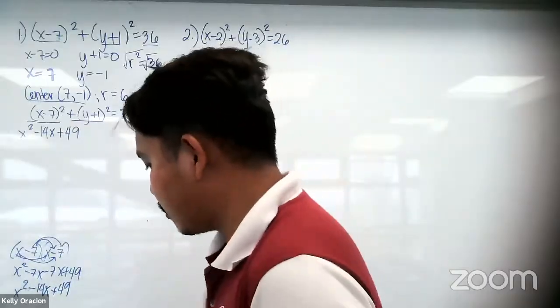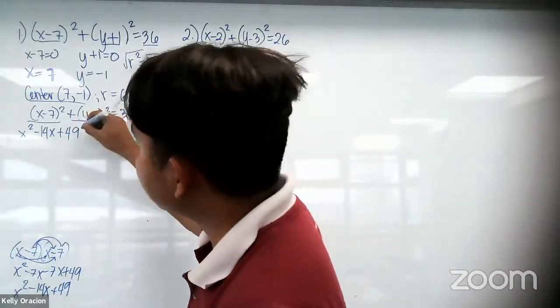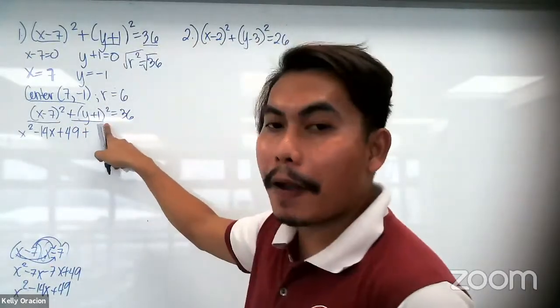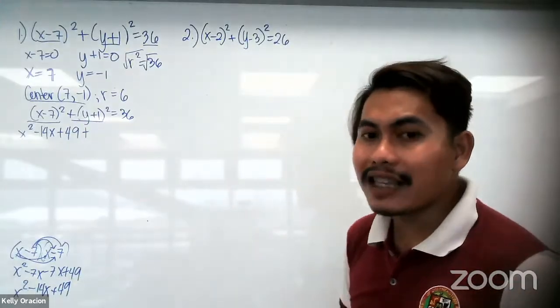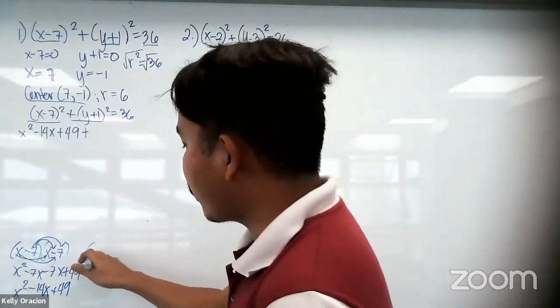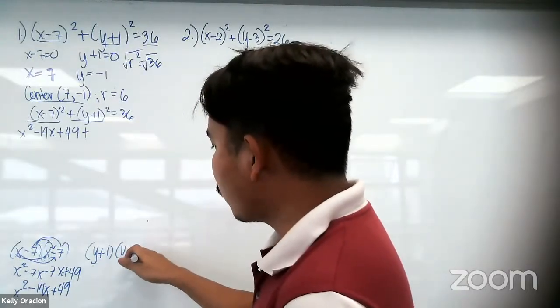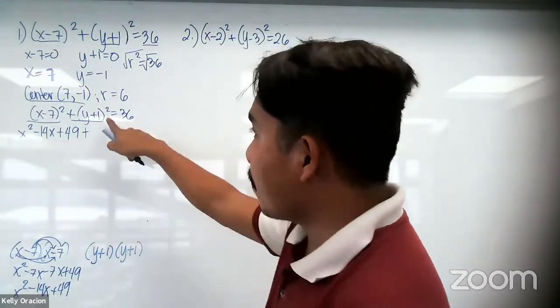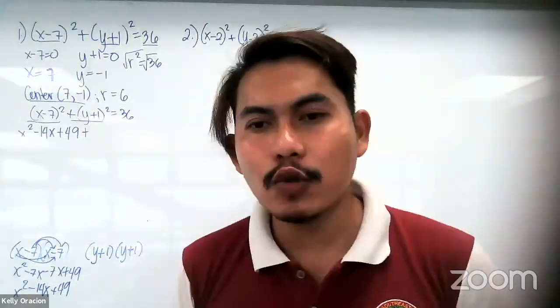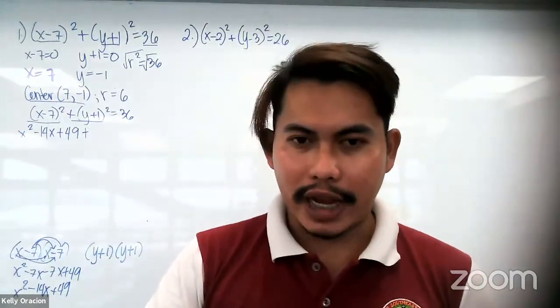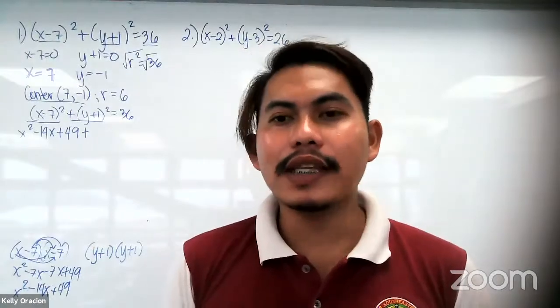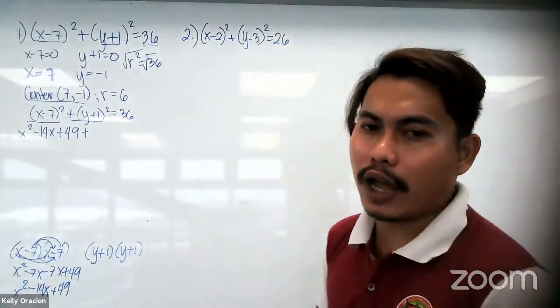Then plus the expanded form of y plus 1. So we need to expand y plus 1 squared. Y plus 1 squared means y plus 1 times y plus 1.